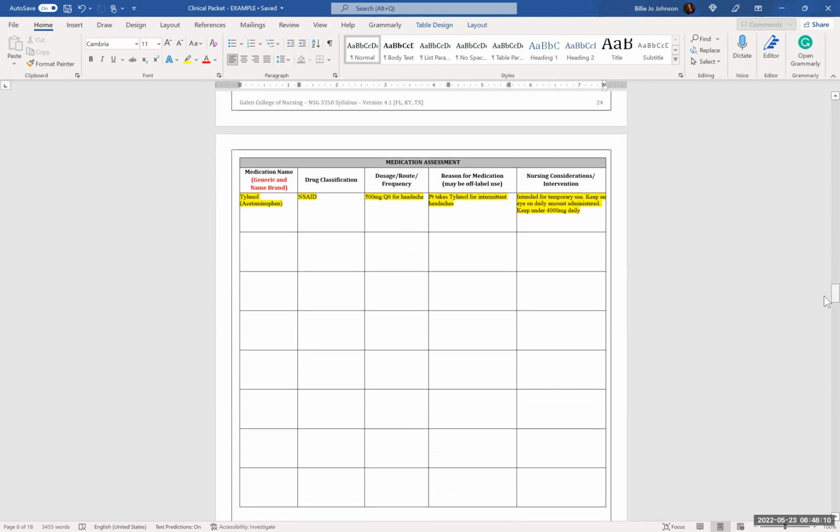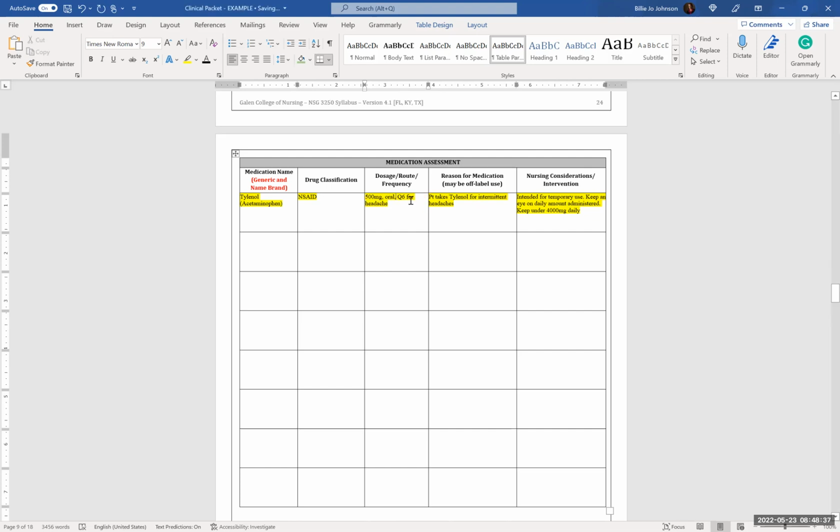Medications, make sure, like I said, some of these charts or the packets may look a little different than some other ones. Okay, but they're all basically exactly the same. Make sure you're filling out all of these. Medication name, generic and name brand. What is the classification? Dosage, route, frequency. Okay, this should say oral.